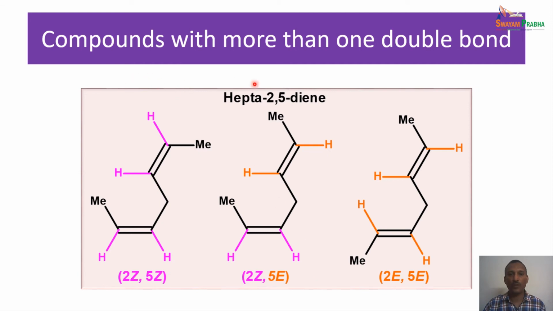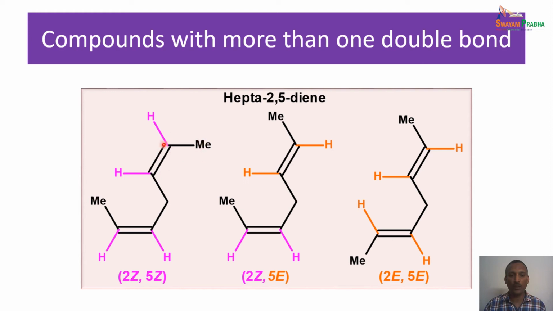When the compounds have more than one double bond, as an example shown here, hepta-2,5-diene, how do we assign the configuration? We have to go for each double bond separately. In the first case, this is a hepta-diene, numbered 1, 2, 3, 4, 5, 6, 7, following the longest chain rule.